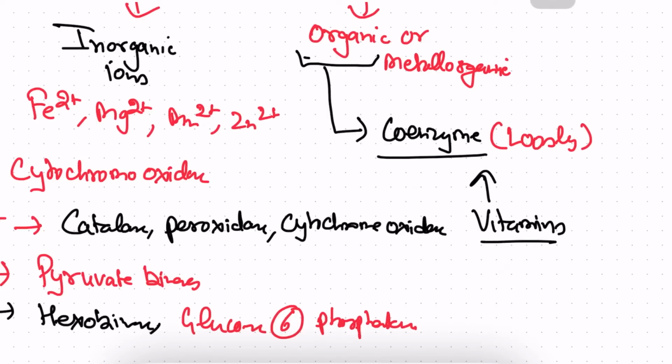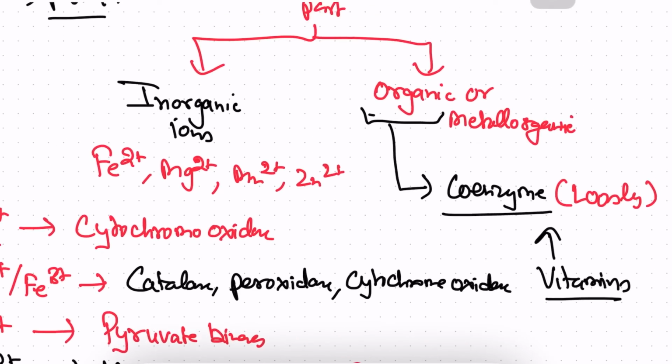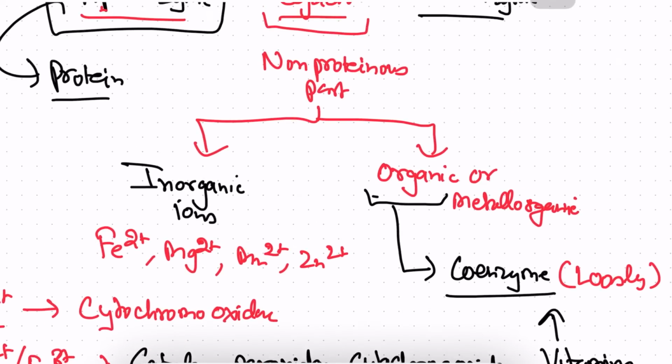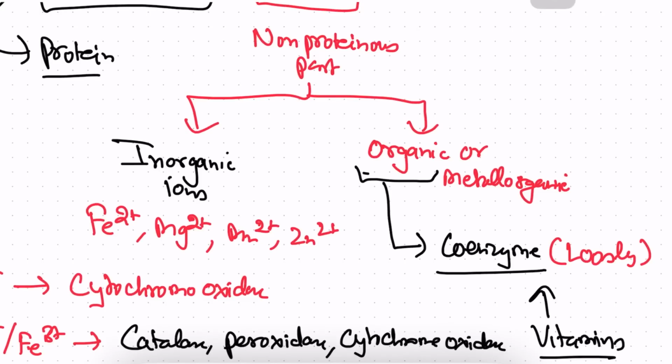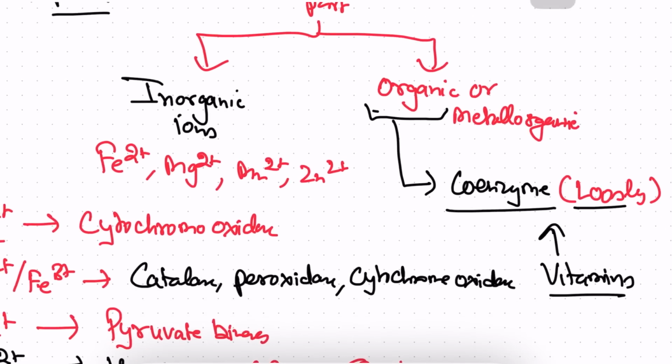So hopefully it is clear to you what is cofactor. Cofactors can be of two types: inorganic ions, or organic, or metallo-organic, an organic component conjugated with some metal. Keep in mind the organic component is known as the coenzyme, and it is loosely bound.